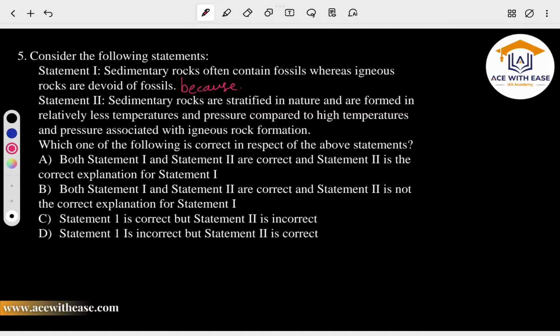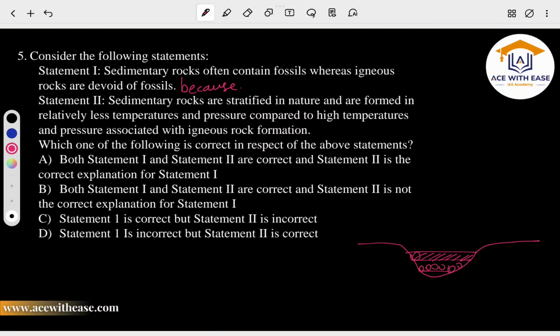Yes, the first statement is correct, because we all know that sedimentary rocks are brought by different erosional agents and deposited in depressions, and through compaction and cementation, the sedimentary rocks are formed.